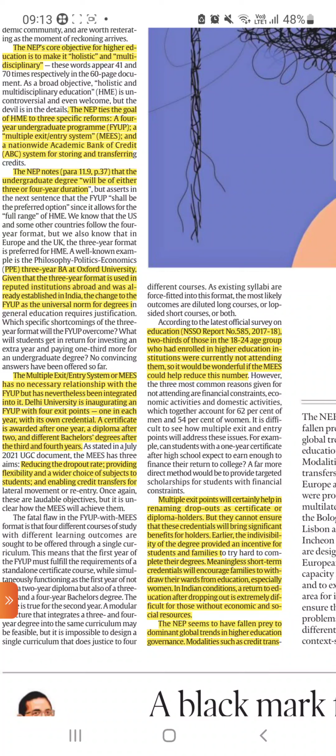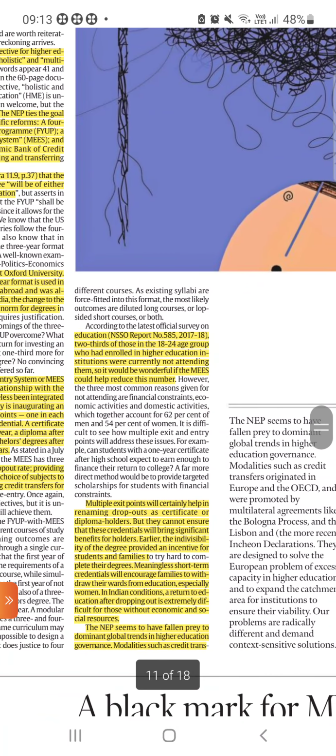Delhi University is inaugurating a 4-year undergraduate program with 4 exit points, 1 in each year. A certificate is awarded after 1 year, a diploma after 2, and the bachelor's degree after the 3rd and 4th years, reducing dropout and providing flexibility and a wider choice of subjects to students, enabling credit transfers for lateral movement or re-entry.